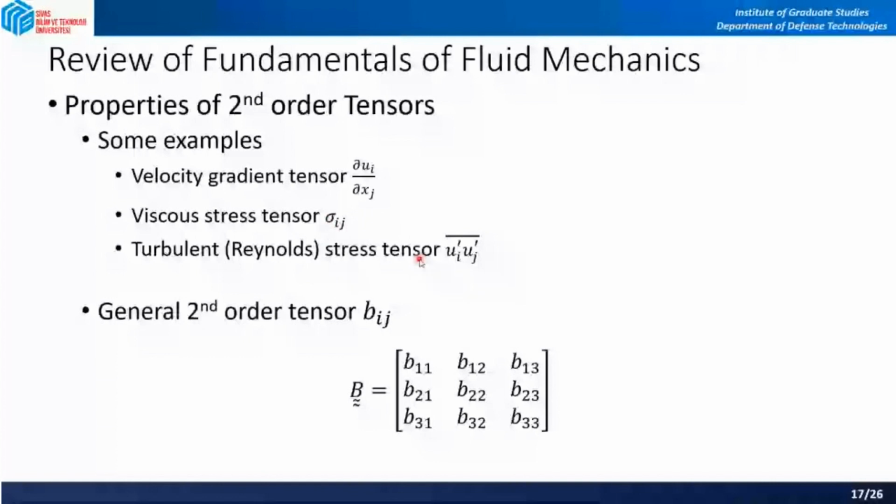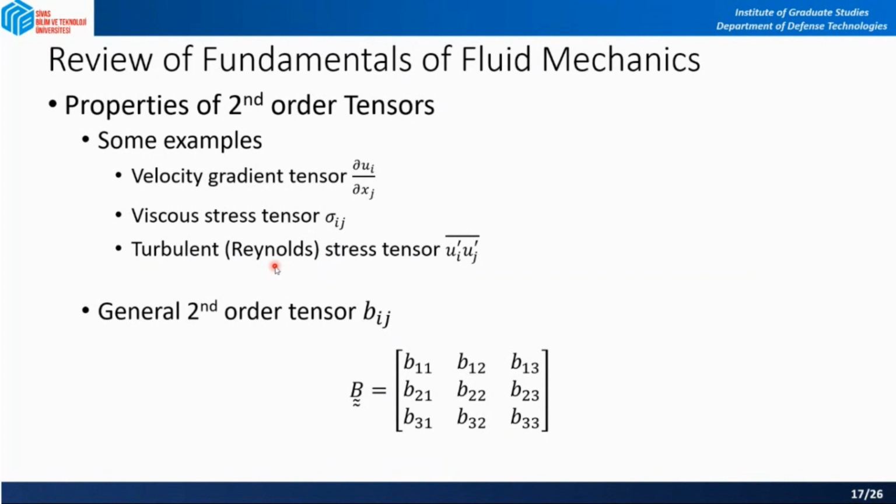And also, when I was discussing the Reynolds averaged Navier-Stokes, I said that we have an additional term in the RANS equations that we know as the turbulent or Reynolds stress tensor, and these are tensors like this. So two fluctuating velocities are multiplied together and then averaged. These are kind of Reynolds stress tensors.